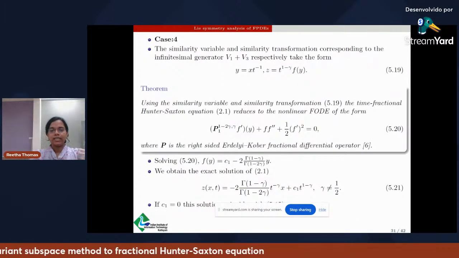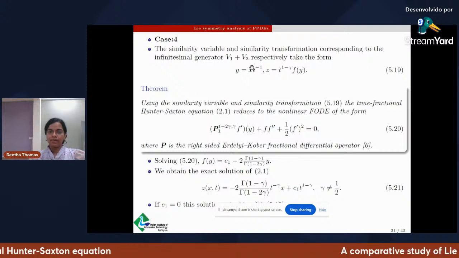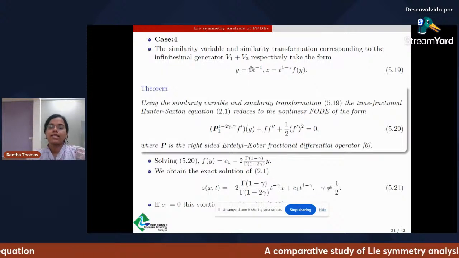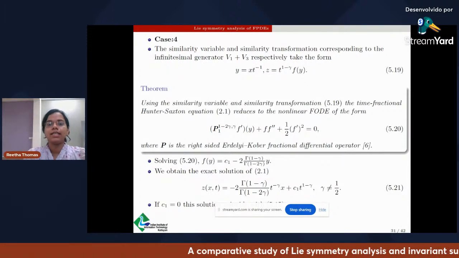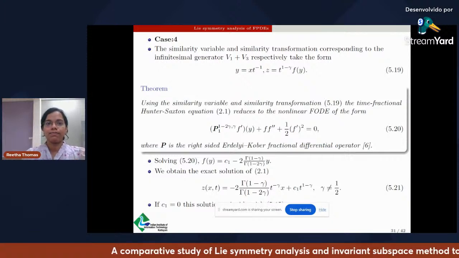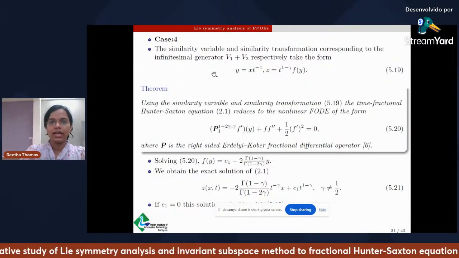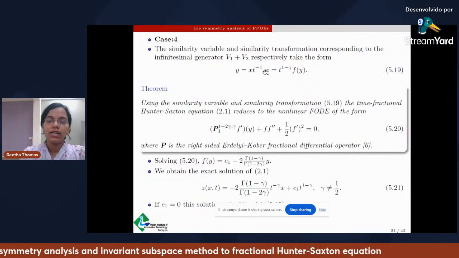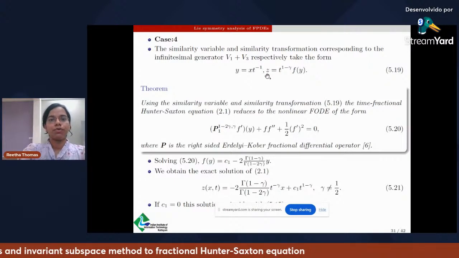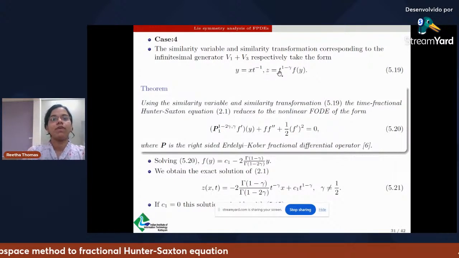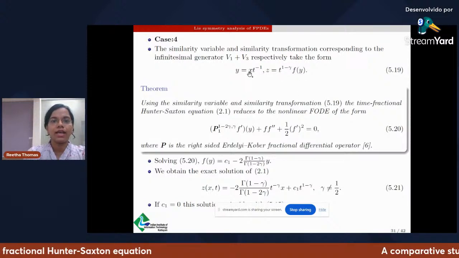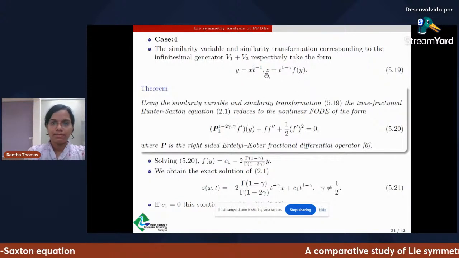The next interesting case is v1 plus v3, which gives a similarity variable and the similarity transformation corresponding to that generator. If v1 plus v3 is considered, we can obtain the solution of the form z equal to t power 1 minus gamma f of x by t.